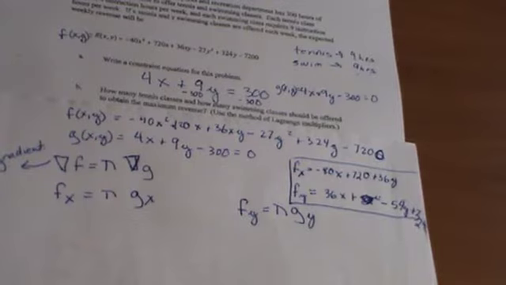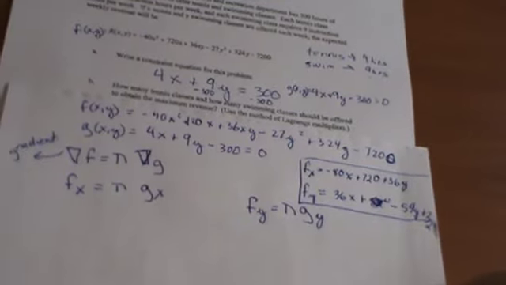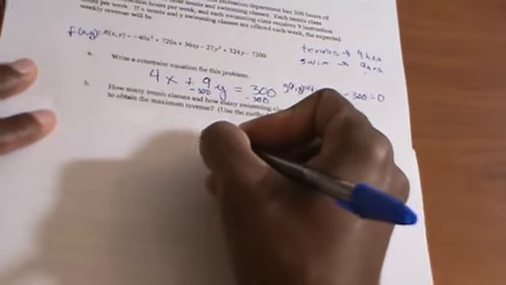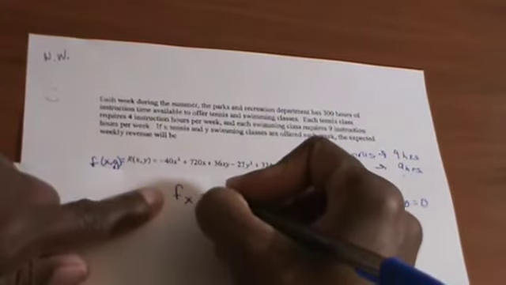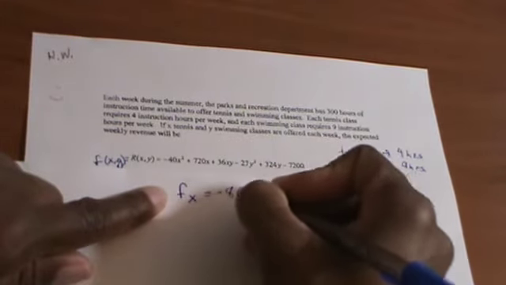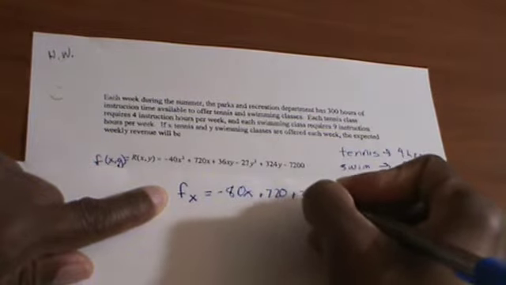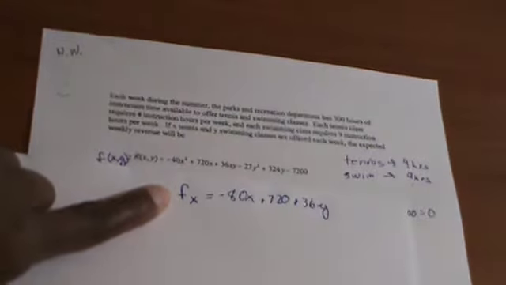Okay, and actually it kind of bothers me that I crammed that in there, so why don't I put that on a separate sheet? Here we go. I'm just going to start over so that we don't have things crammed in there. F sub x, let's go up here. The derivative of this first one with respect to x is negative 80x plus 720 plus 36y, like that.